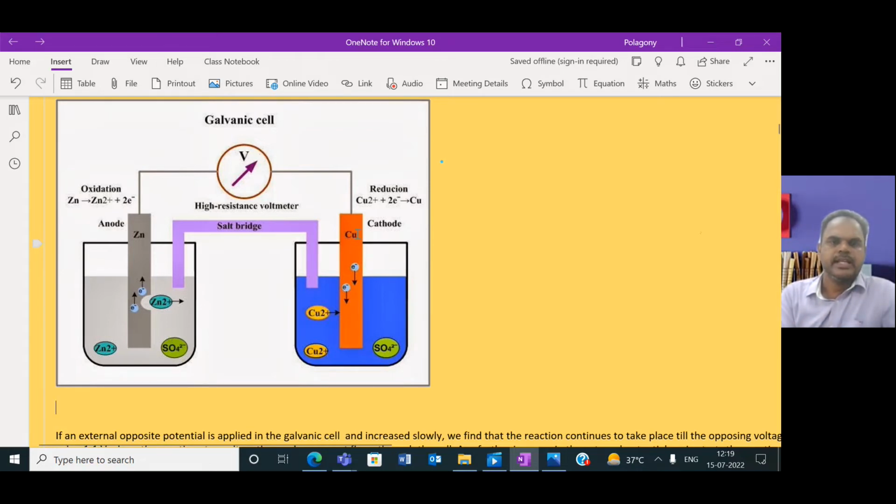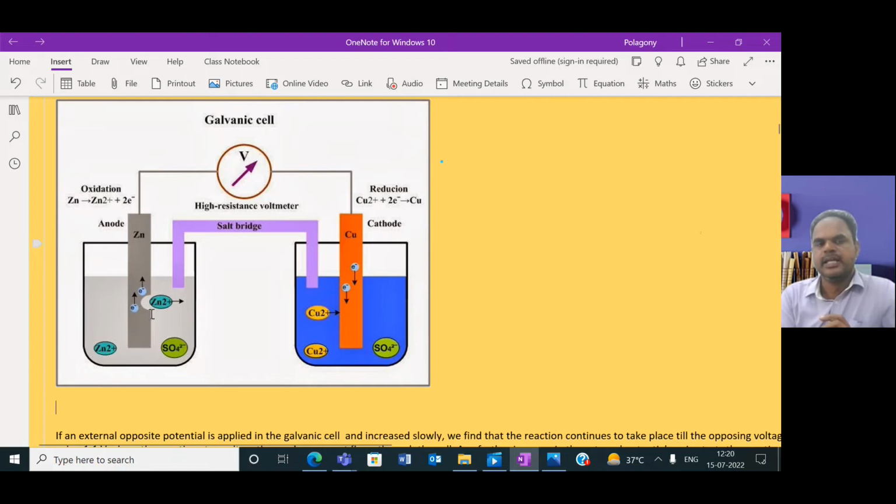Between the zinc and the copper, a potential difference is generated. When the potential difference is generated, zinc undergoes oxidation. The zinc atoms undergo oxidation and lose electrons. Those electrons pass into the wire, and the zinc metal ions fall into the solution.